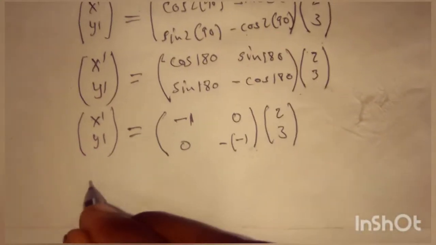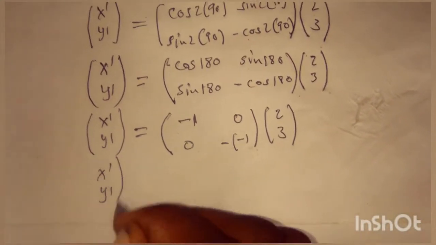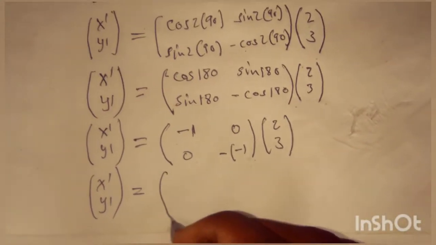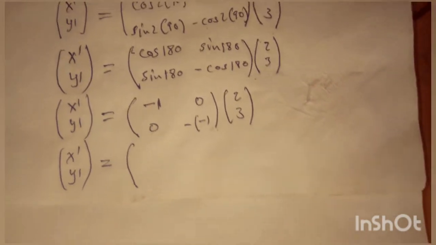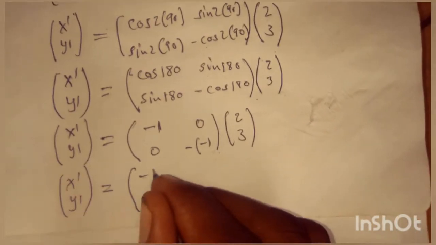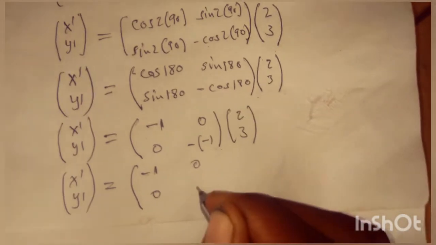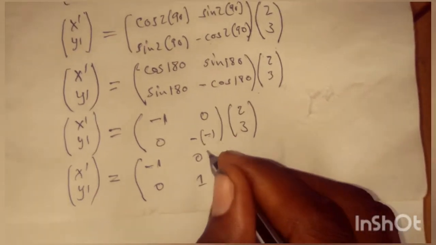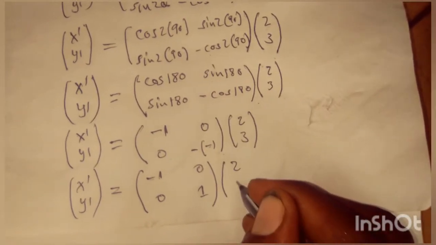When we proceed, we get (x', y') equal to [-1, 0; 0, 1] times (2, 3), because a negative times a negative means positive.